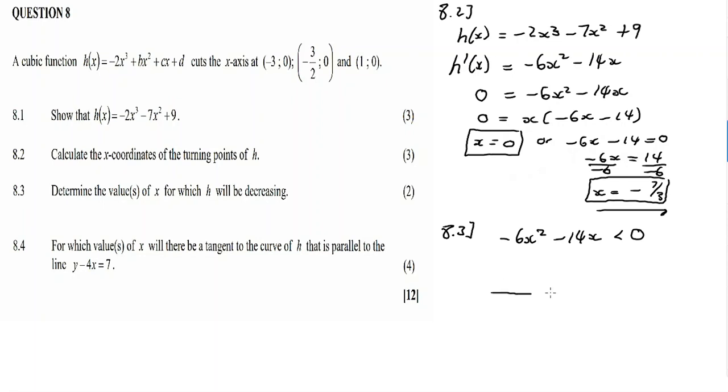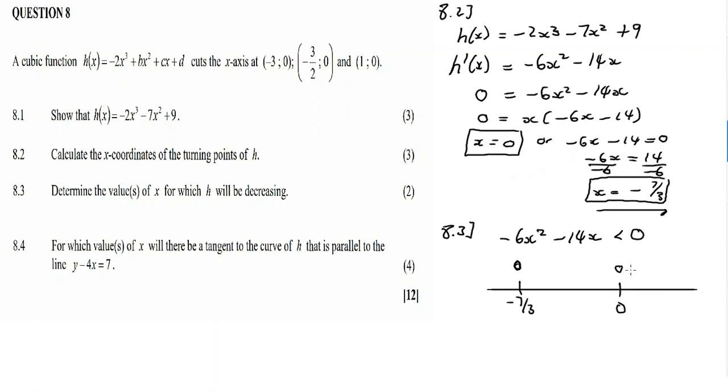So now we plot our solutions on the number line. I'll have negative 7 over 3 and 0, excluded, right?